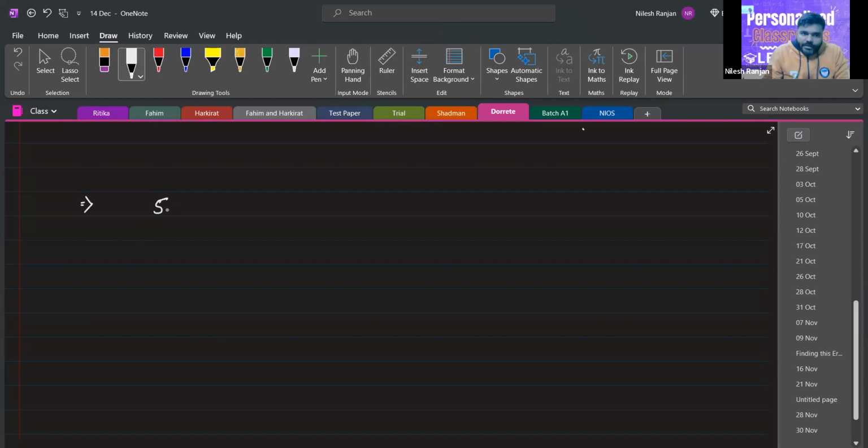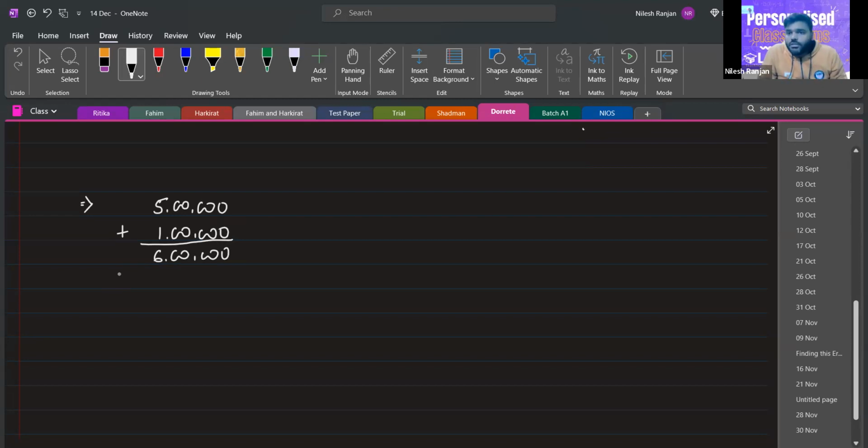So your capital was 5 lakh in the beginning. You have invested 1 lakh more, so it becomes 6 lakh. And you have done a business.